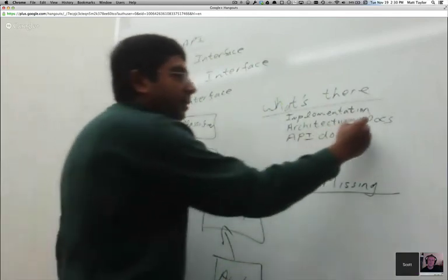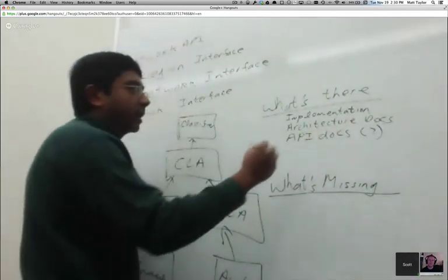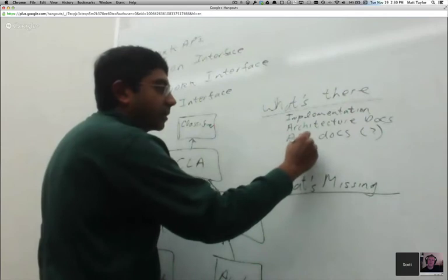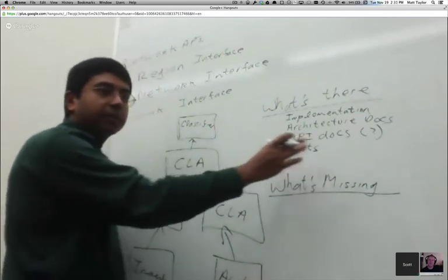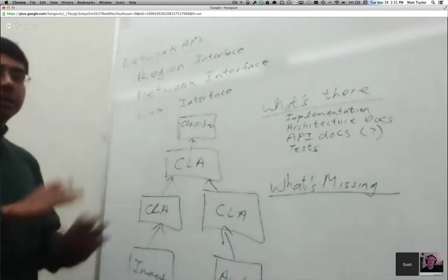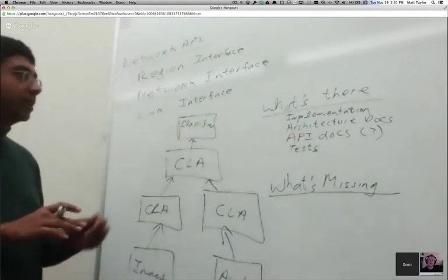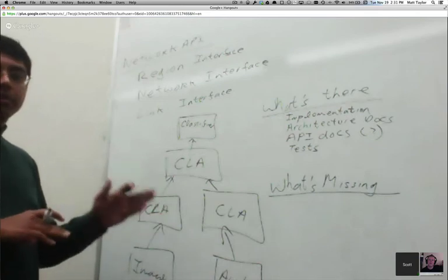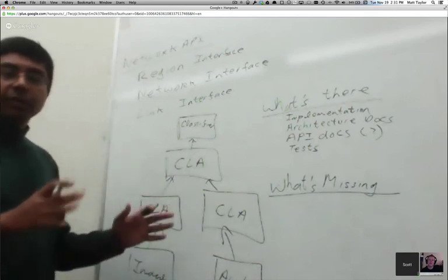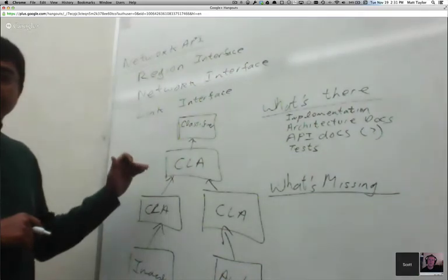So this is a question mark, and tests. I'm not going to claim it's comprehensive tests, but there's a reasonable set of tests there. What's missing? The biggest thing that's missing, and probably the most important, is a full C++ CLA region.